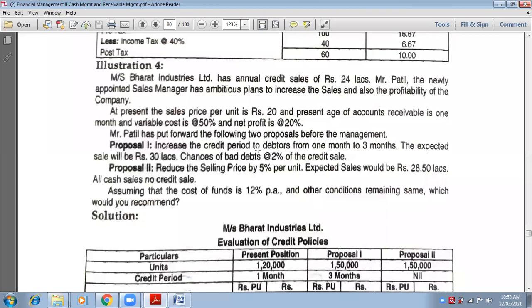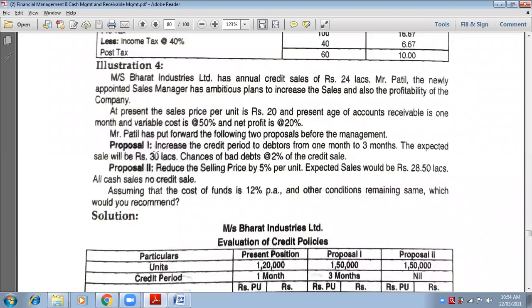Proposal 1. Increase the credit period to the debtors from 1 month to 3 months. That means present period of credit is 1 month. Increase it to 3 months. Then the expected sales will be rupees 30 lakhs. Present sales are 24 lakhs, but if we give 3 months credit period, sales will increase up to 30 lakhs.